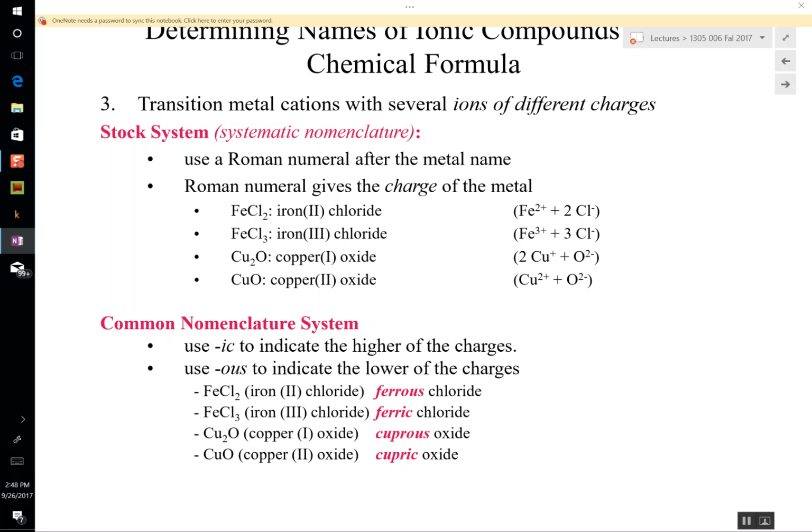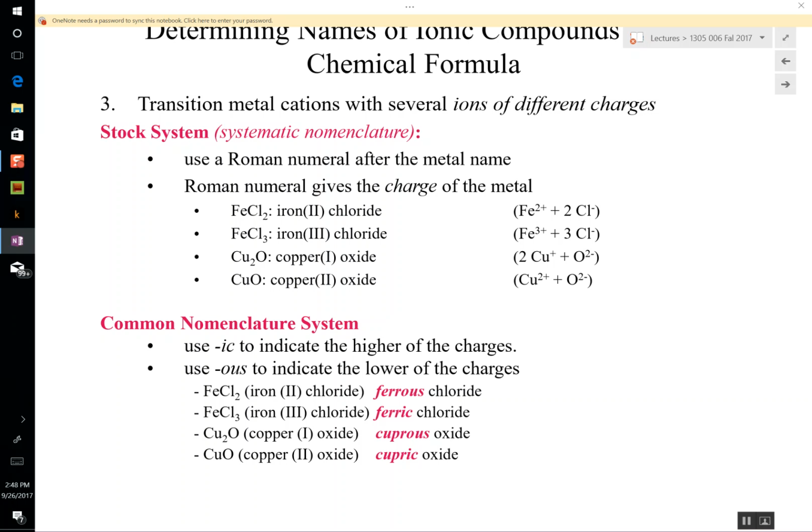Copper can be a +1 or a +2. Okay, so copper doesn't get a +2, +3, it's a +1 or +2.